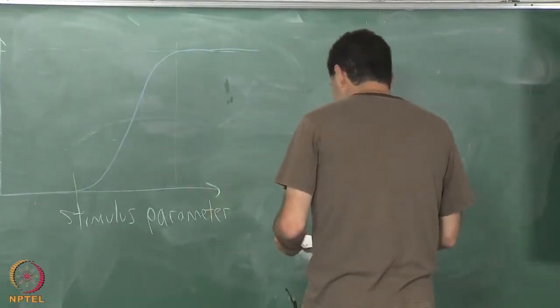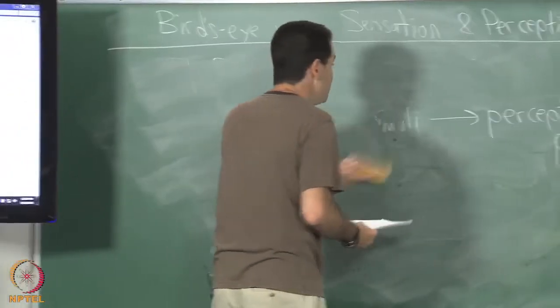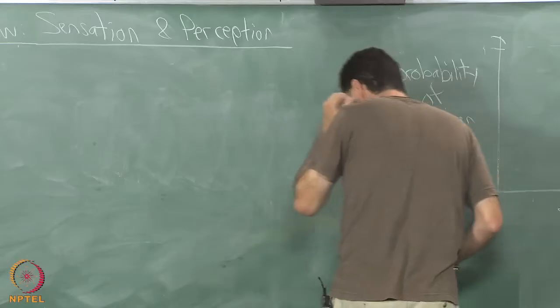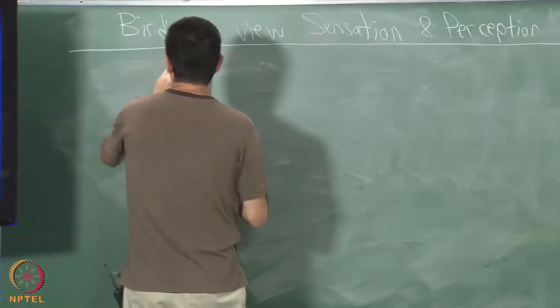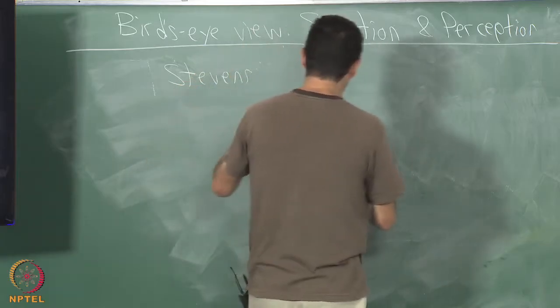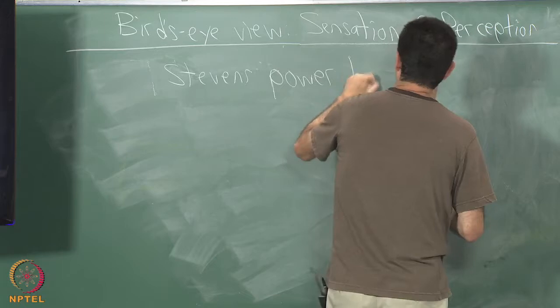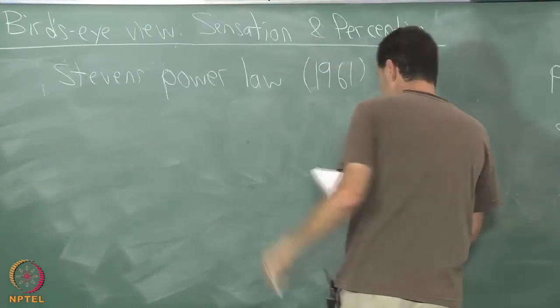One of the most interesting general patterns that seems to come up over and over again is called Stevens' power law. So let me go into that. Stevens' power law. This is from around, I think, 1961.